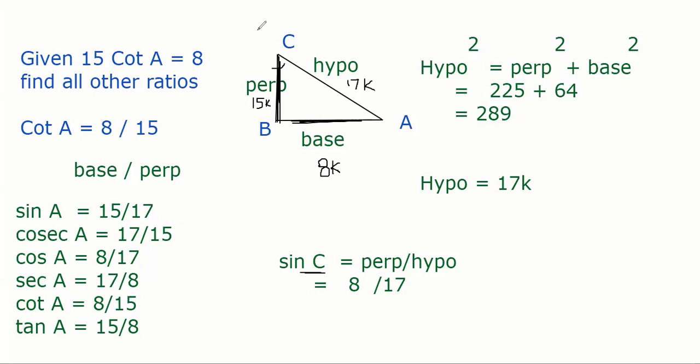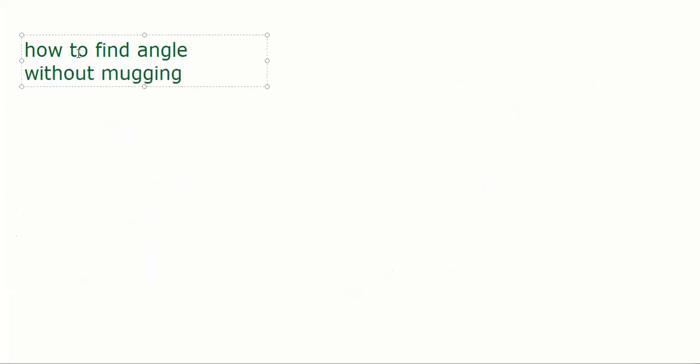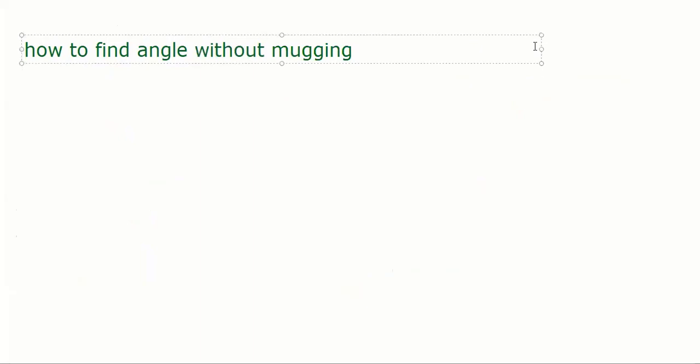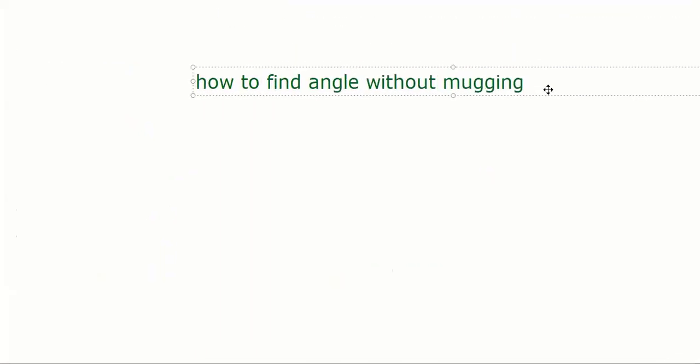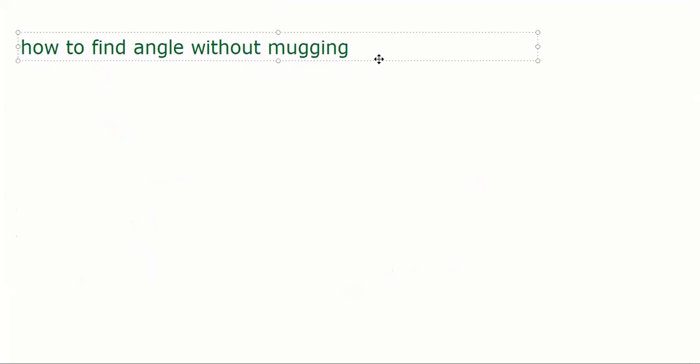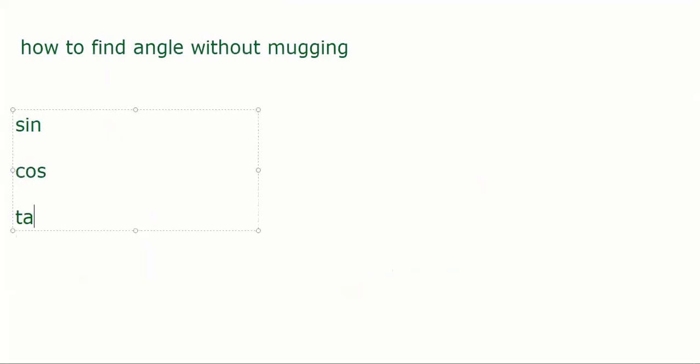Now I am going to give you the core angles, a very beautiful way of finding angles without mugging. You should all know that. I did it in my video, but I'll explain it here. A lot of people mug the angles. We don't need it; you can find angles without mugging, really. First, you list out all the six ratios: sine, cos, tan, cosec, sec, cot.